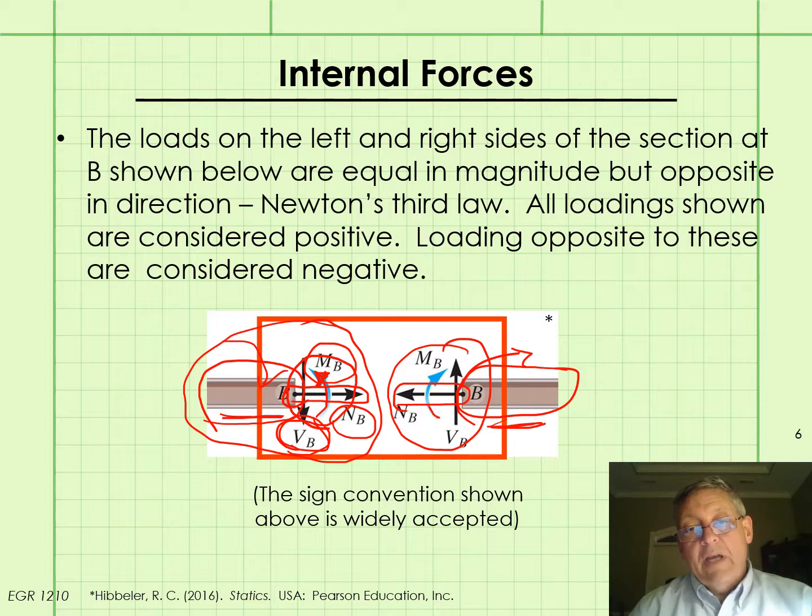And then if you look at it, the same for this equal and opposite moment for the right side of the beam. Okay, so this takes a little getting used to, but it's the convention we're going to use with our work with beams.